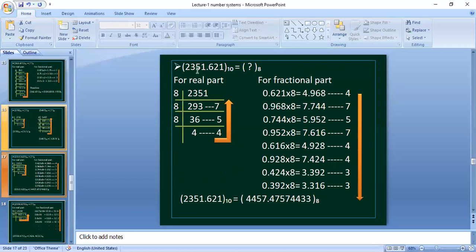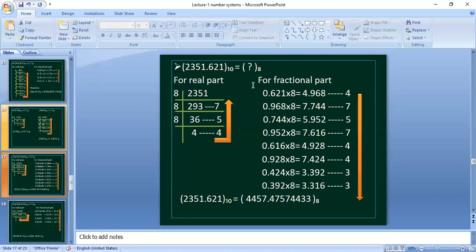For the integer part, we follow the successive division with 8. Here also the final result 4 is less than 8, so we can stop the division here and consider the result from bottom to top. That is 4, 4, 5, 7. And for the fractional part, that is 0.621.